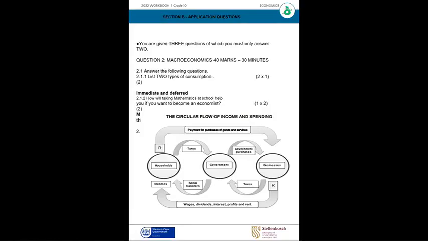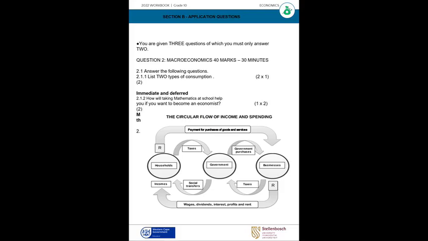And then 2.2 would be your data response. So you will either be given a picture like this, or they will give you a case study, and then questions will be set on that. Okay, so the question would read as follows: study the following and answer the questions that follow.